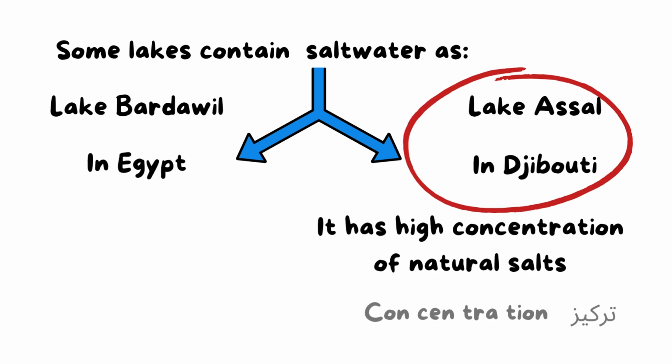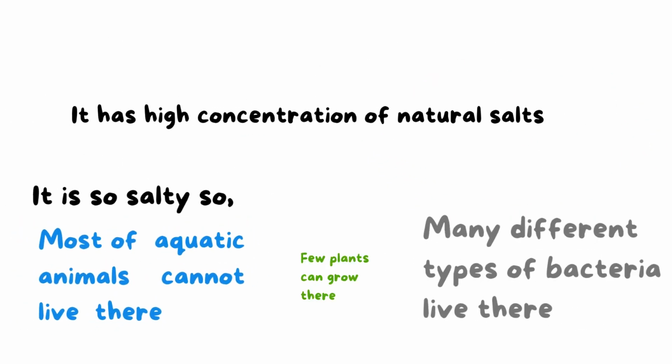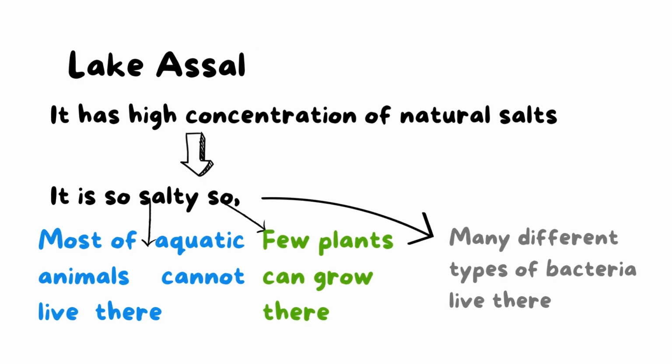Concentration means it contains a lot of salt, so it is very salty. This makes most aquatic animals unable to live in this lake because of the high concentration of natural salts, but a few plants can grow there and many different types of bacteria live there, okay?